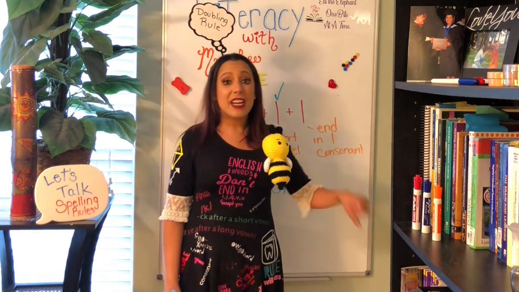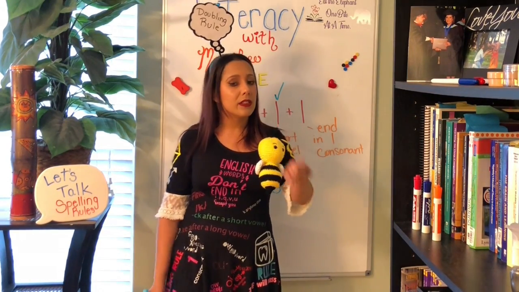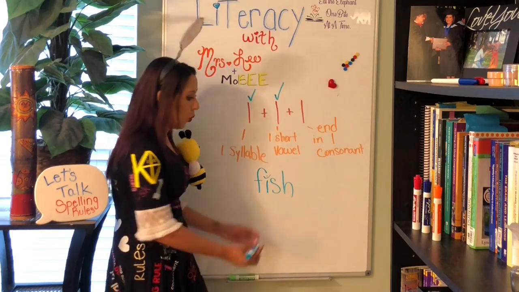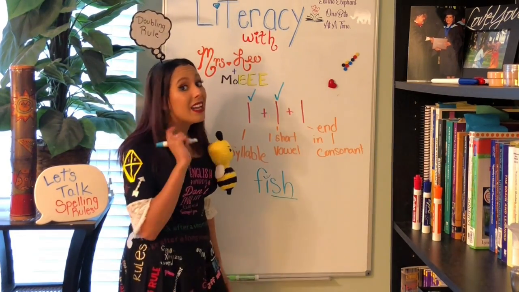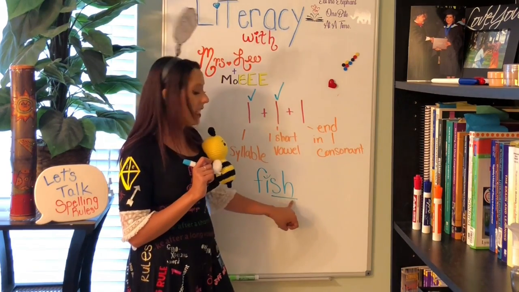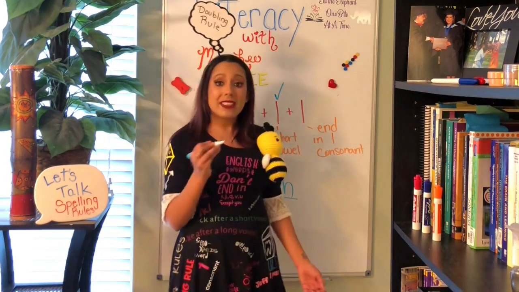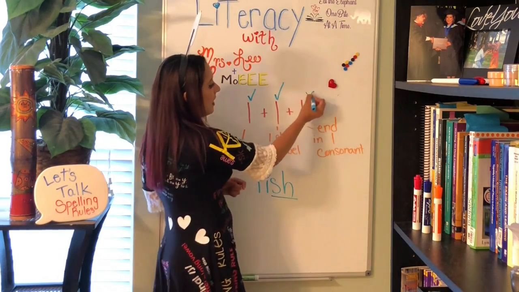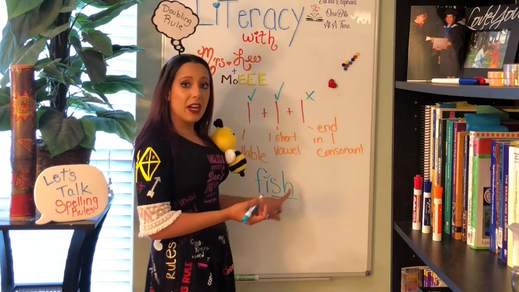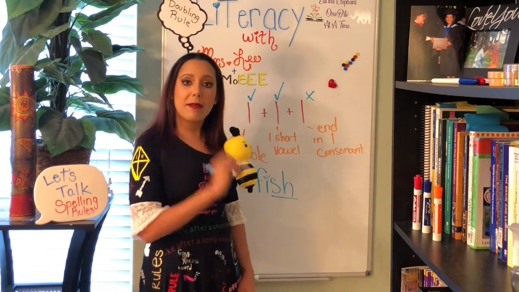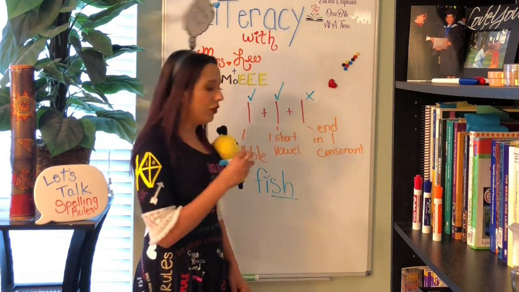Does it end in one consonant? That's a digraph. It does not end in one consonant because it has two. So that tells me that it does not follow our doubling rule. So I am not going to double the H when I'm adding ed or ing.